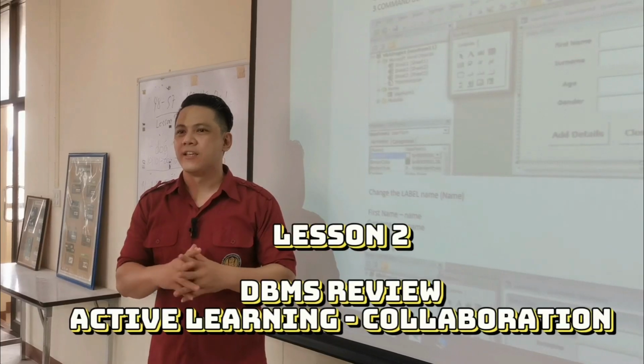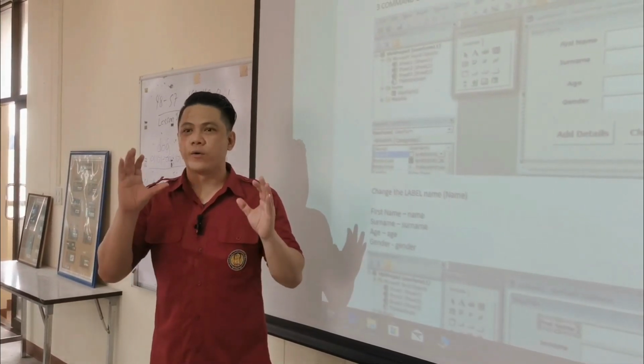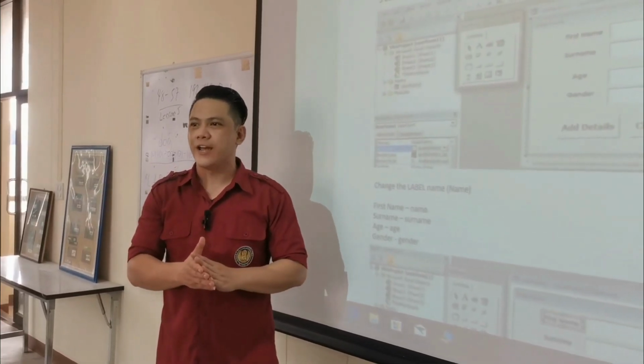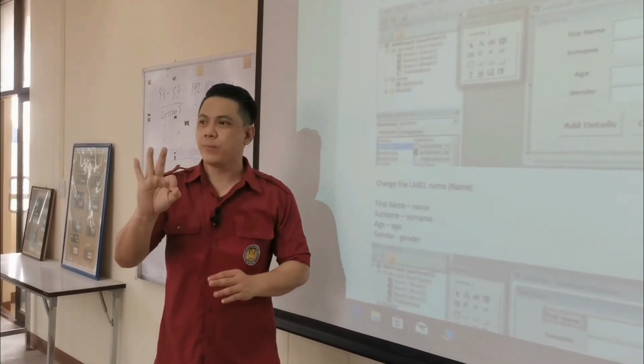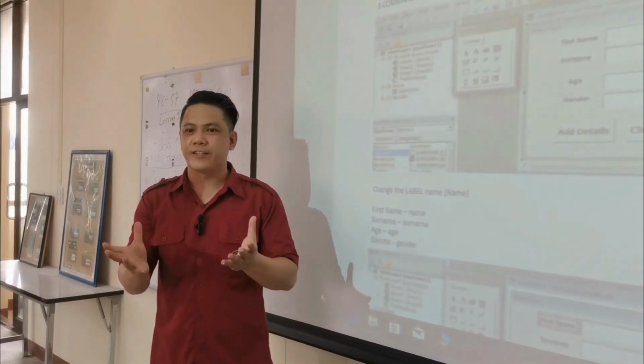What I am doing right now is explaining to the students the importance of using the theory of Jean Piaget, constructivist learning theory, and active learning, so that they can solve problems by collaboration.